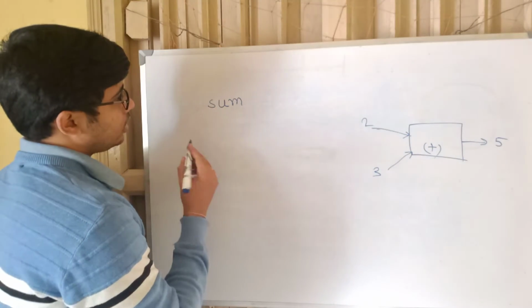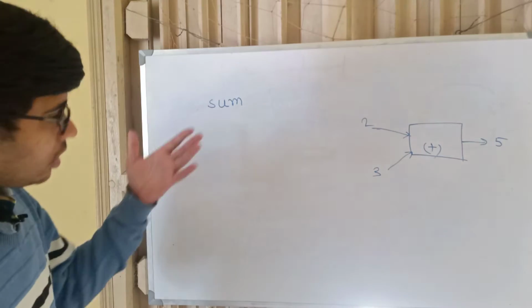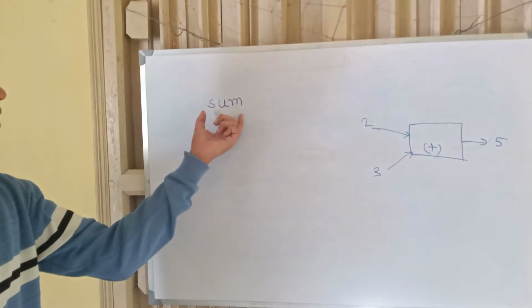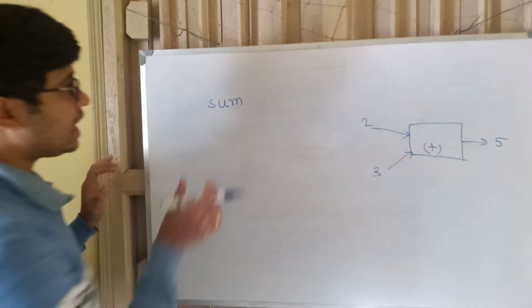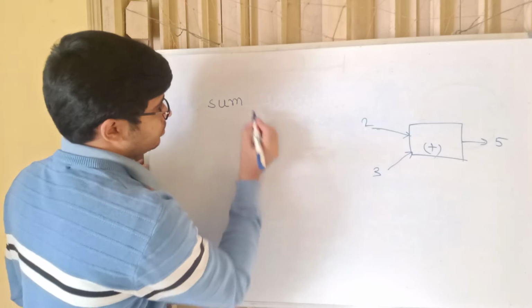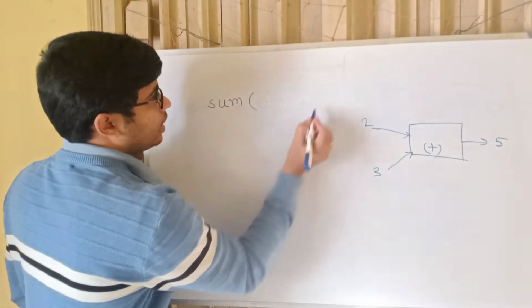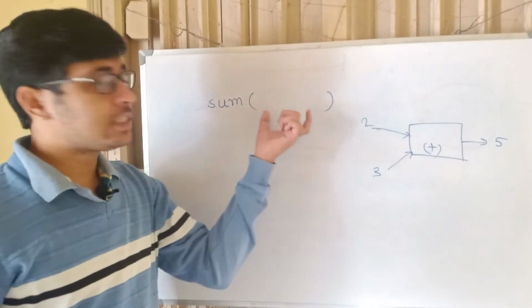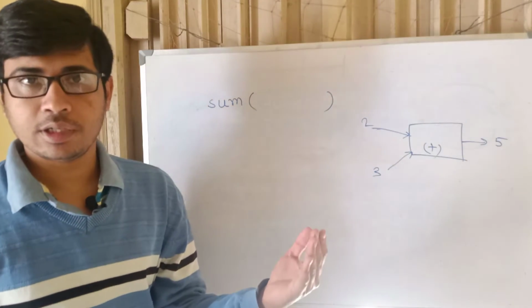Now let's write the function first. There will be a function name, sum, that is the name of the function. After that you have to write one open and one close bracket. Inside this you have to pass some parameters.